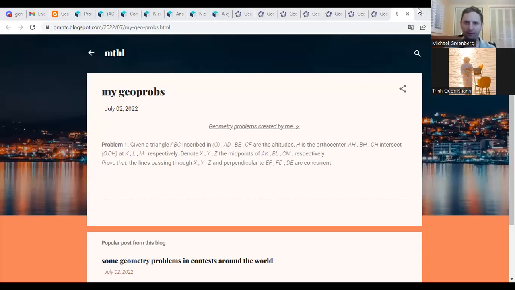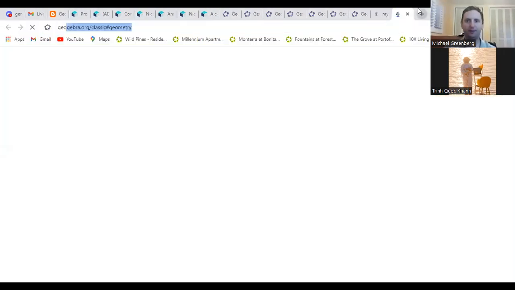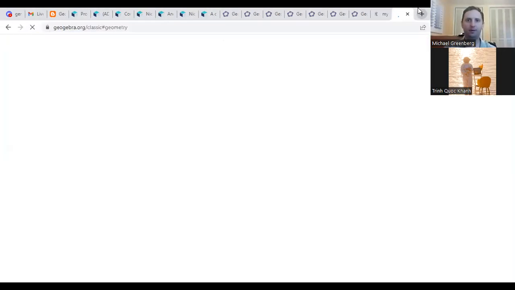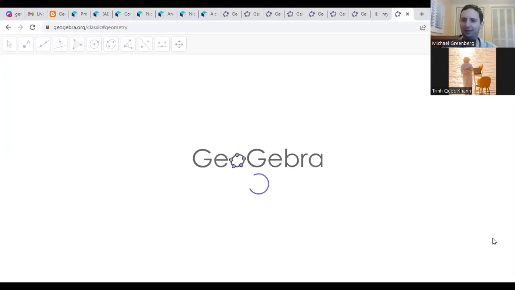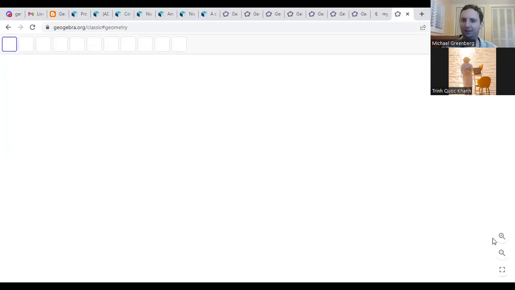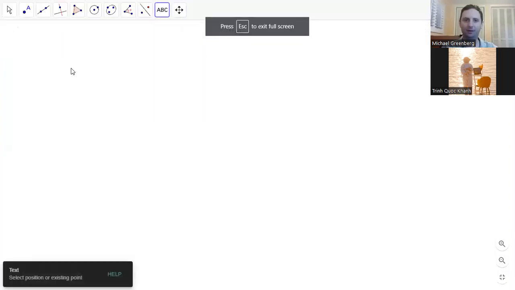Let's try it out. So the circle is centered at O and radius OH. Okay. I don't think I've seen a problem like that before. Let me try it.